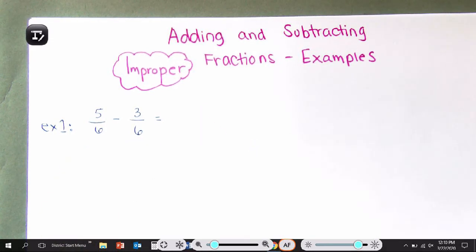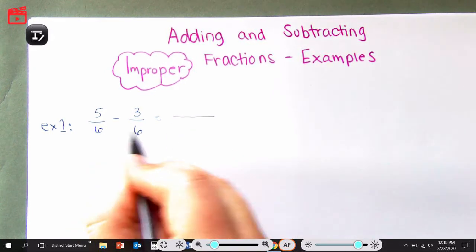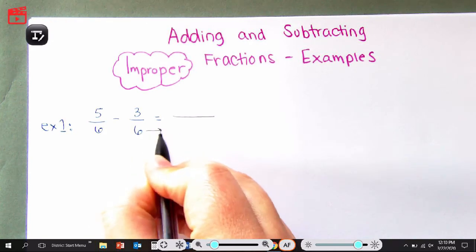Step number 1 is to look at the denominators if they are the same. Yes, in fact, they are the same. So if your denominators are the same, leave them and just bring them over to your answer. So we're not going to do anything with them. We're just going to bring that over to our answer.